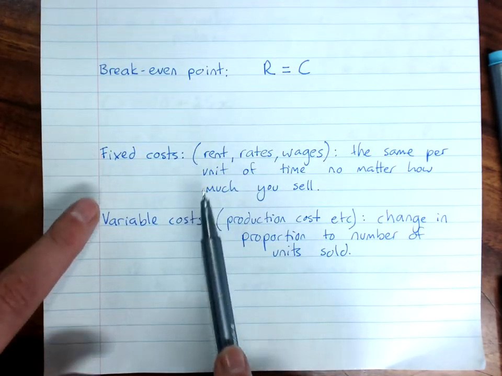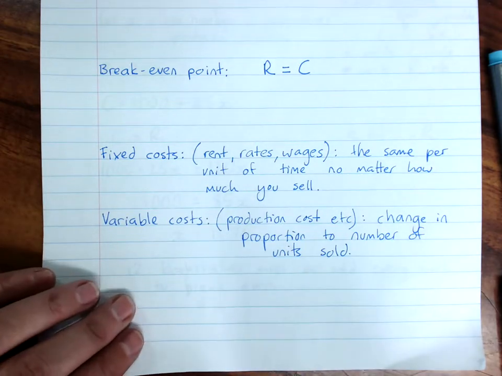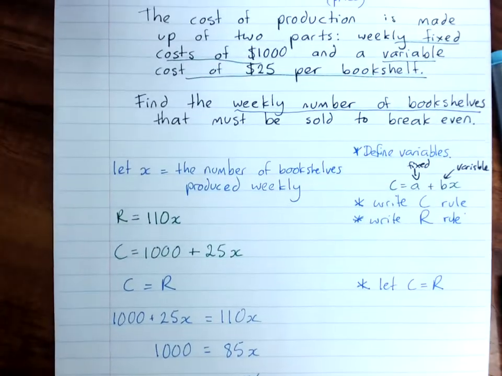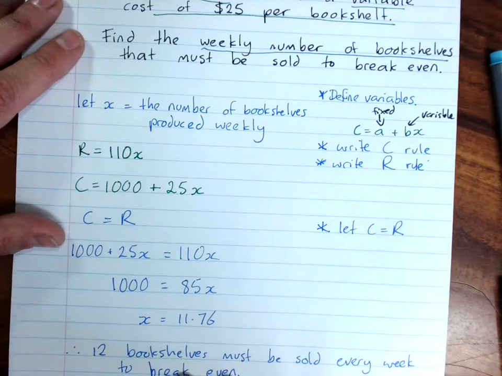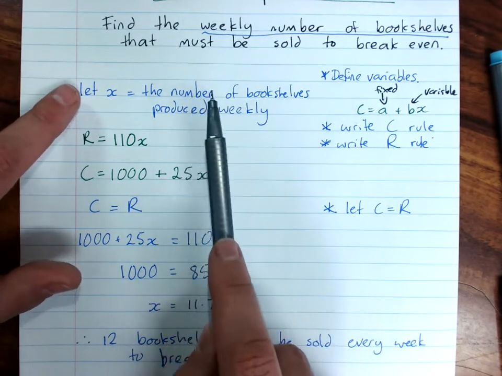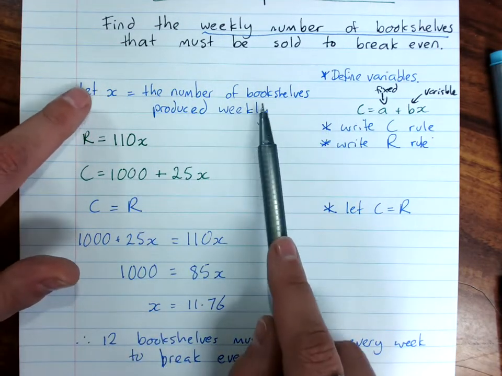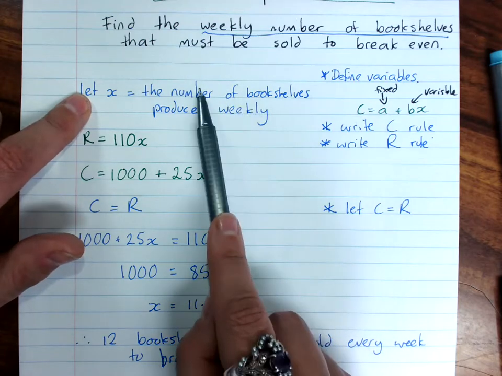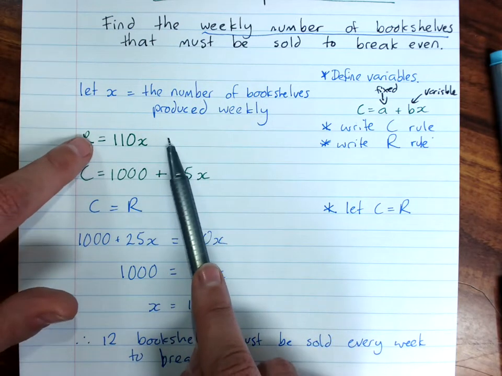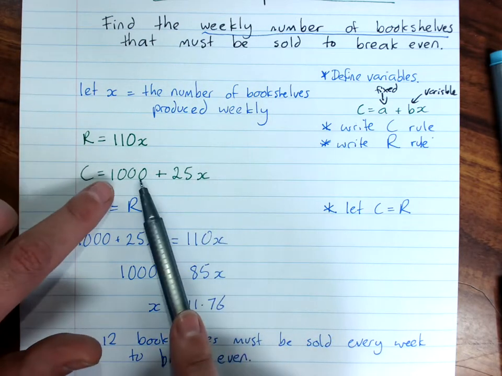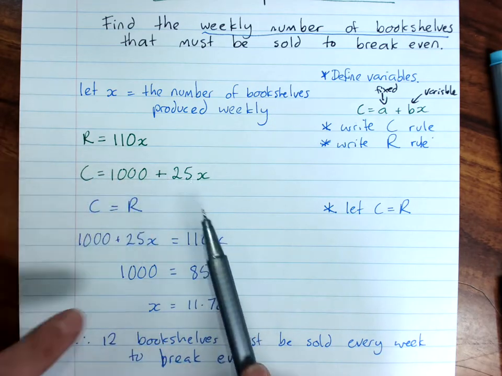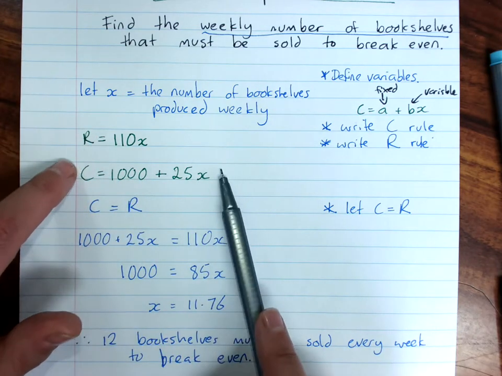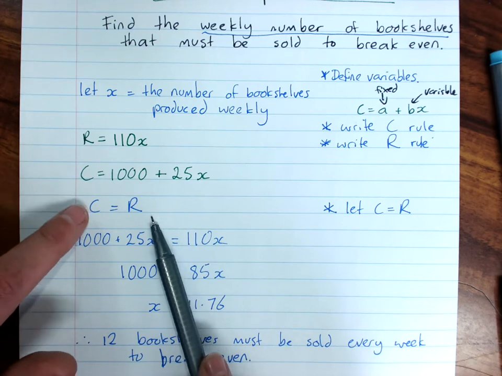Our fixed costs and our variable costs have to be taken into account. And the way you do it is you define X as whatever you're selling, the number of them. You write a revenue rule and a cost rule, fixed and variable costs, and you find the point where revenue equals costs.